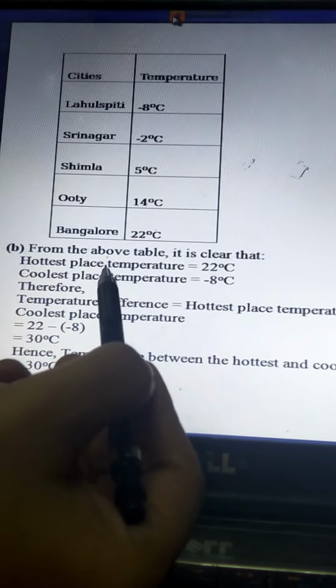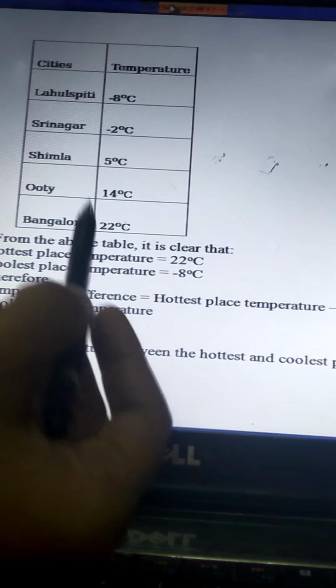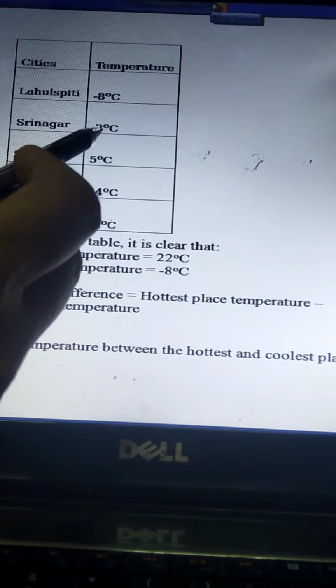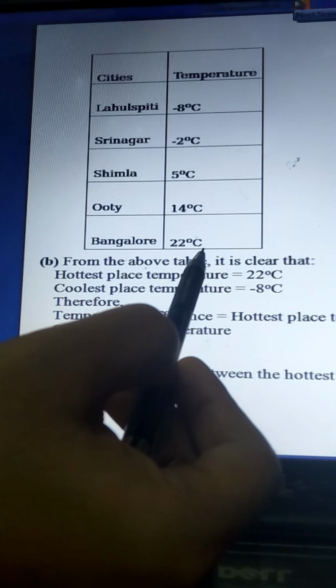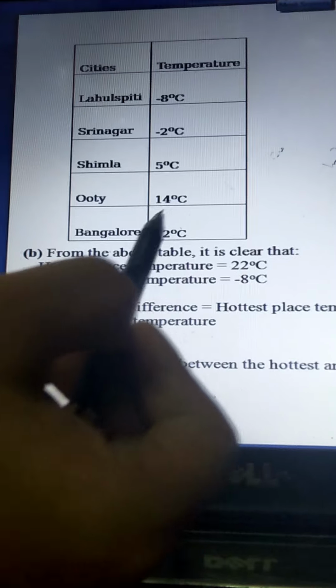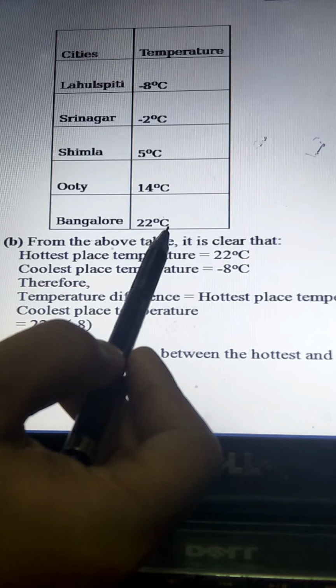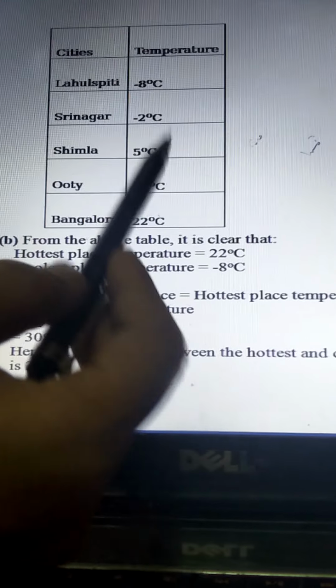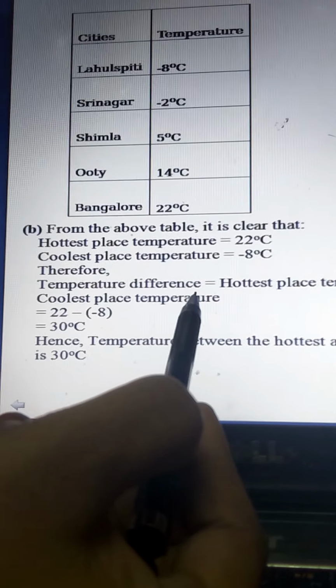So now next students, in the B part we have to answer the difference between the temperature of hottest place and the coldest place. Here we have made a table. So here you can see a table. In this we have written all the temperatures. So now from this table only, the temperature of hottest place is 22 degrees Celsius and the coldest place is -8 degrees Celsius. So we have to find out the difference between these two temperatures.